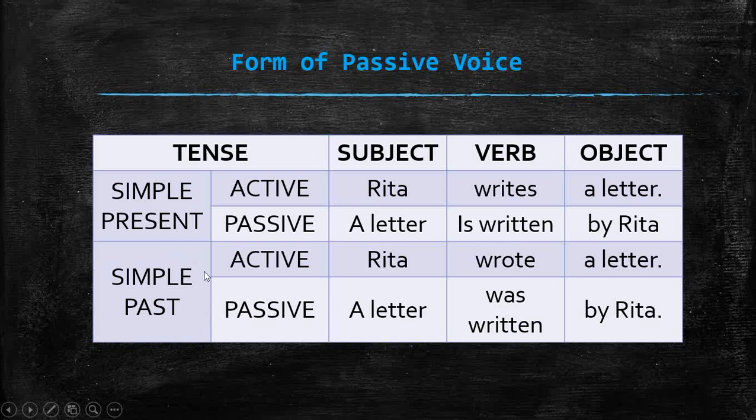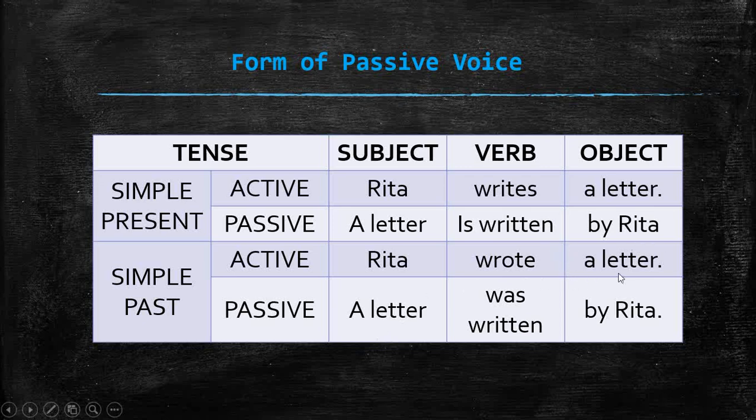Now, in the simple past, for the active sentence, we have Rita wrote a letter. Look, the main verb is in past simple. The subject is Rita and the object is a letter. If we are going to rewrite it in passive voice, we have to do the same thing.